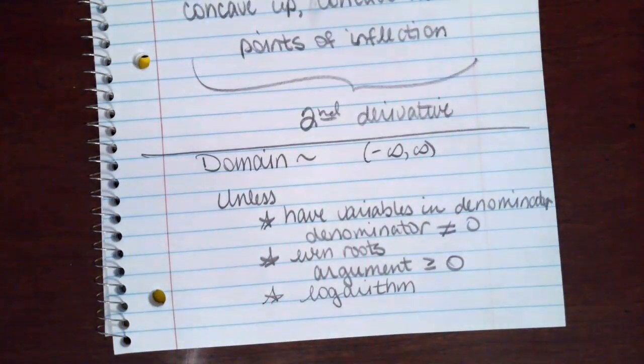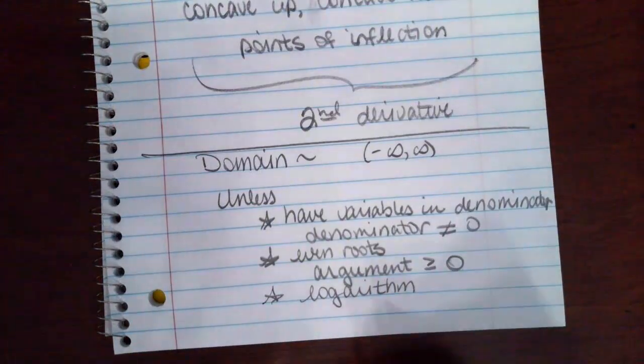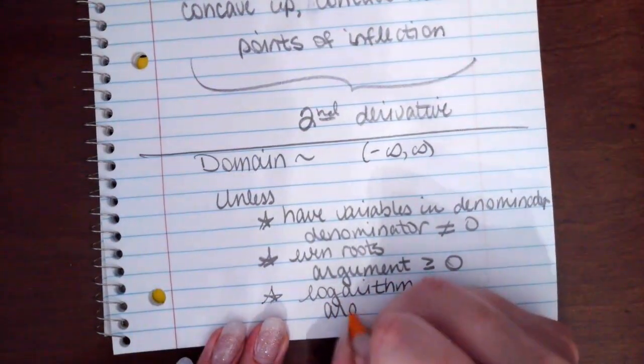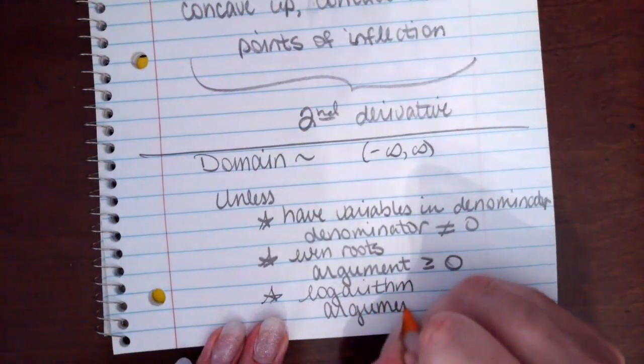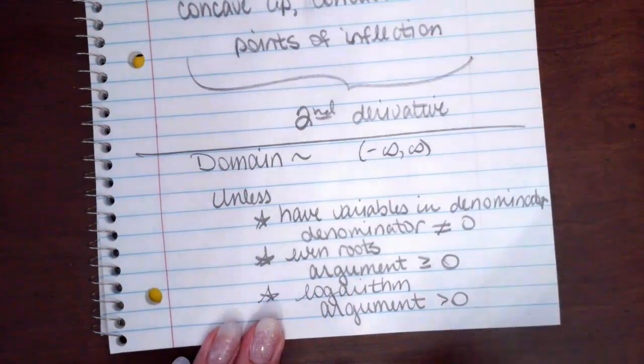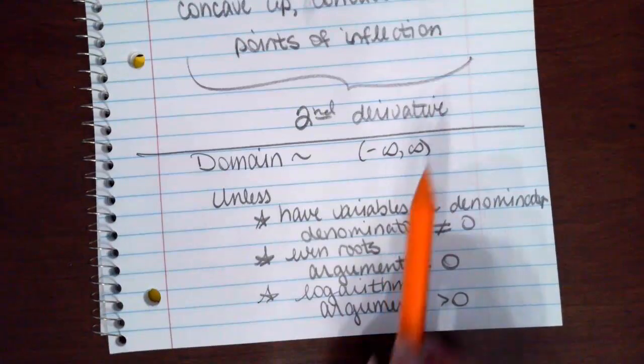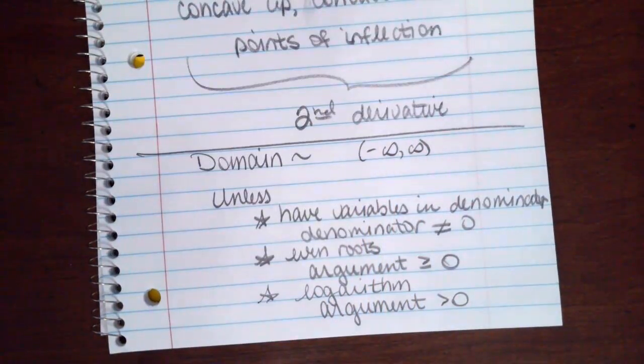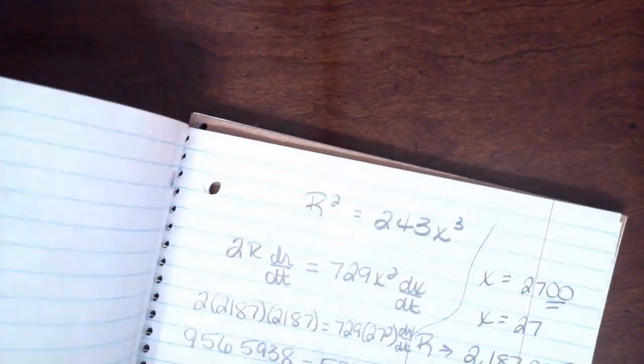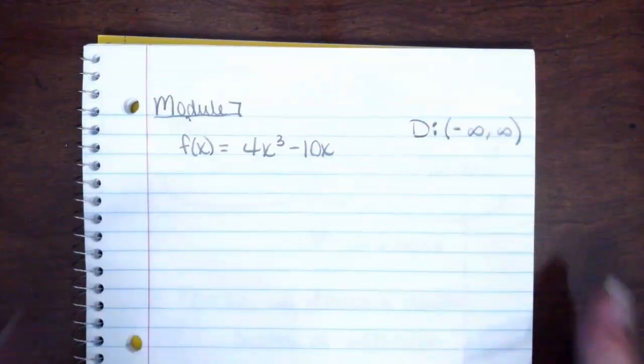A logarithm, you don't want your argument to be 0 and it's got to be positive. So you're going to take the argument and say greater than 0. Okay, so those three things are important. If these three things don't happen in business calculus, then your domain is all real numbers.